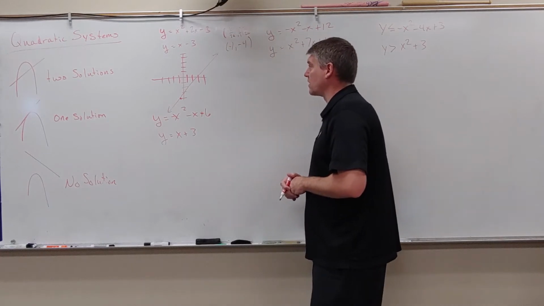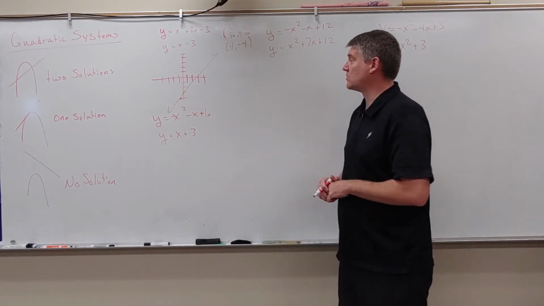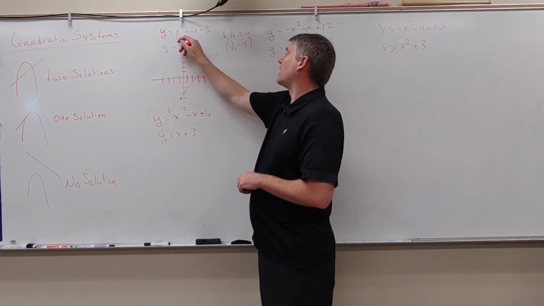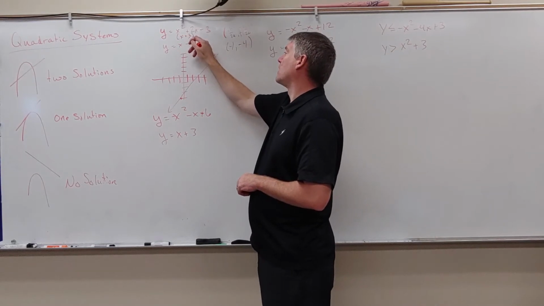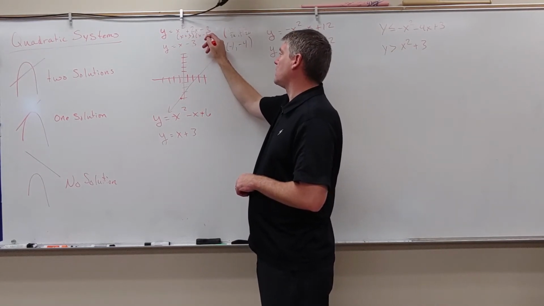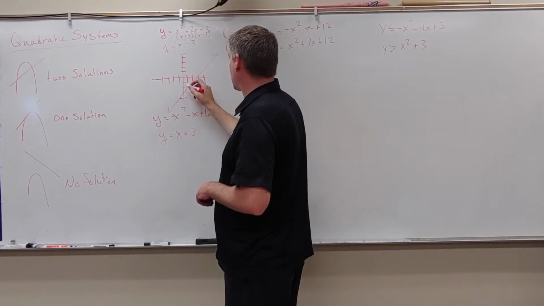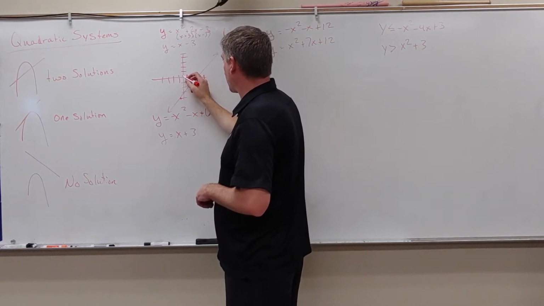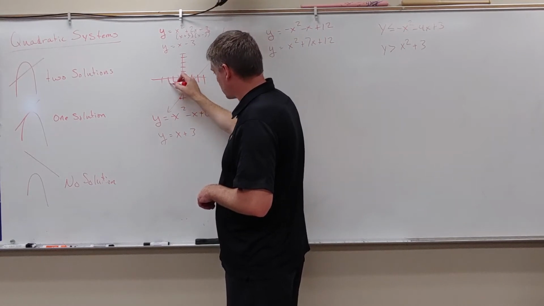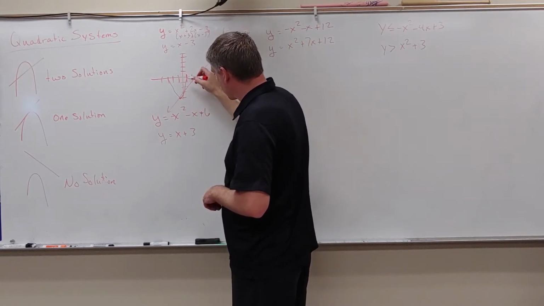If I look here, this is going to factor to x plus 3 and x minus 1. So I know here that at +1 I'm at 0 and at -3 I'm at 0. So I come down here and I come up here.